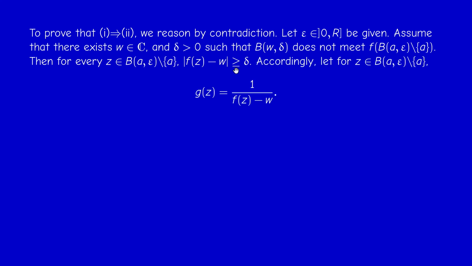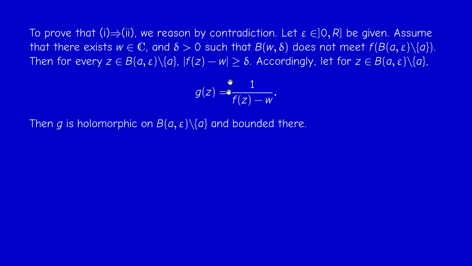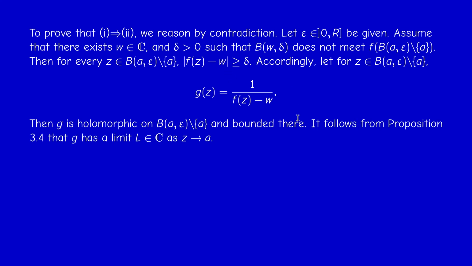Therefore, if I take the inverse now, the inverse would be holomorphic, at least locally, okay? Because it's the inverse of a non-vanishing holomorphic function. So g is holomorphic, and it's bounded because the denominator is bigger than delta, so the inverse is less than 1 over delta, right?